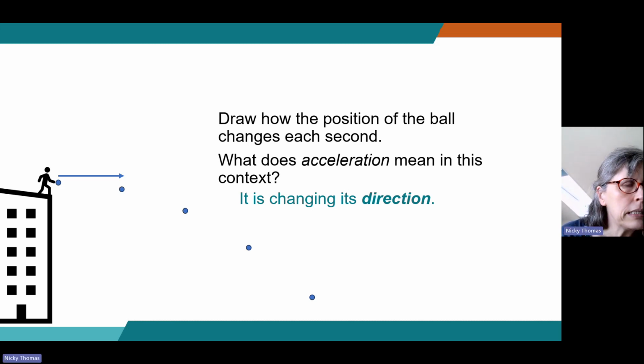And as well as speeding up downwards, the direction the ball is traveling in has changed. So two things have changed: the actual velocity, the speed if you like, and the direction. And remember that velocity is speed in a particular direction.